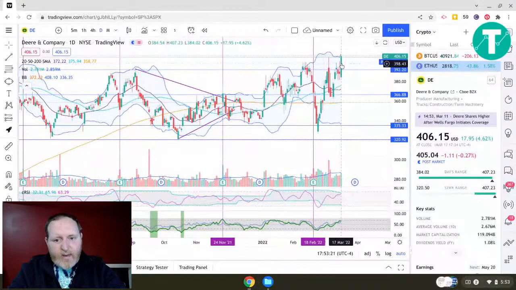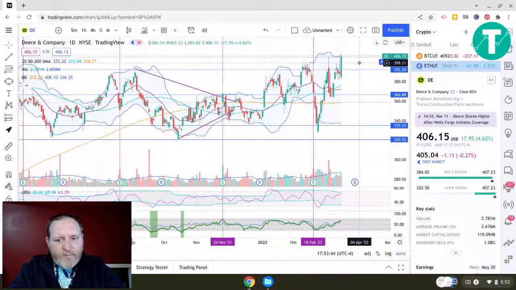So Deere today has closed above this line here at 395. And if it can hold above this, then maybe Deere is going to go to another leg higher and start using this resistance line here as support.